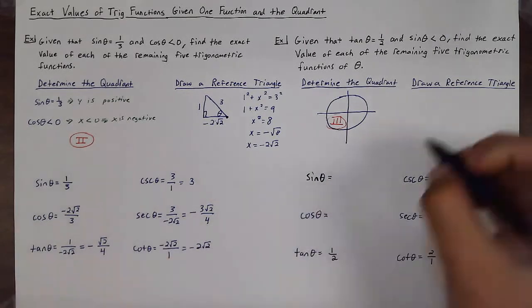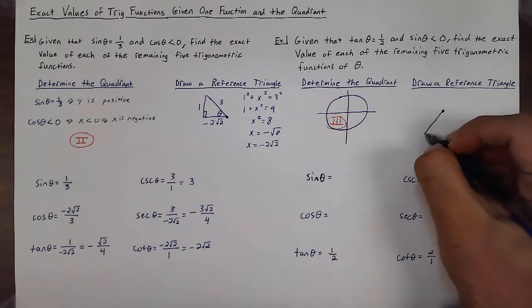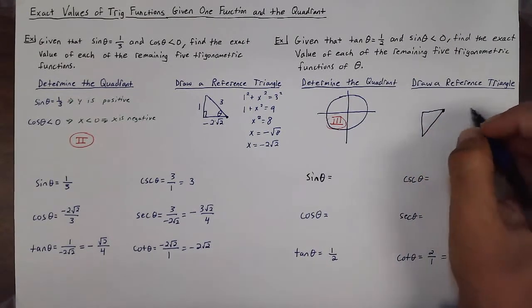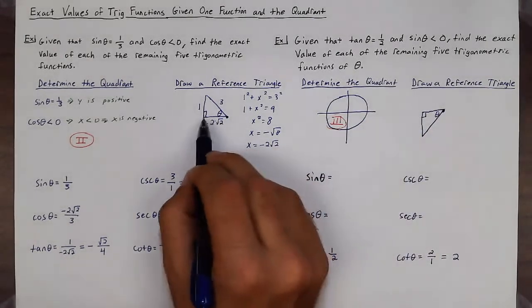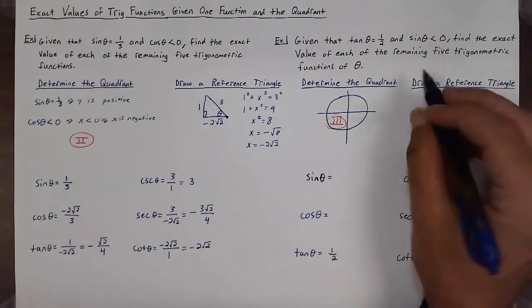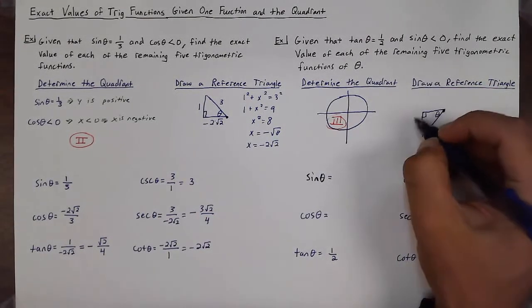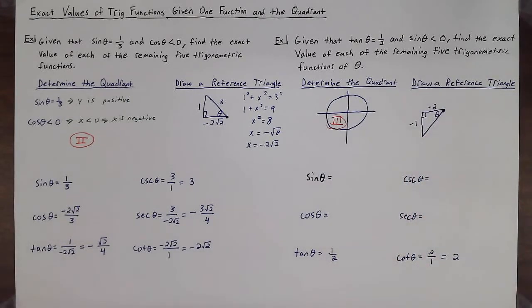So again, when I draw my reference angle, I'm going to shoot a ray out into the third quadrant area. So remember that x and y will both be negative. So for tangents, again, your angle always lines up with the horizontal axis to make this easy. It's opposite over adjacent, so it's going to be -1 and then -2, just so I know that x and y are both negative.